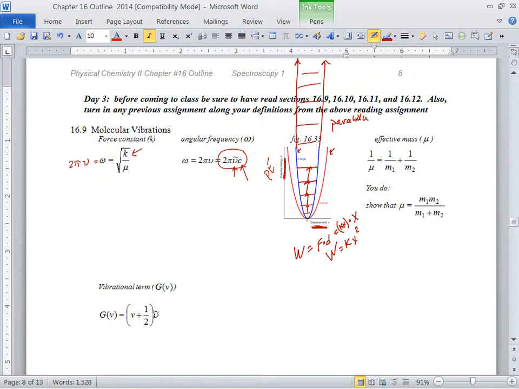I already mentioned to you this is what we're going to use for vibrations of what types of molecules, if you followed what I was talking about before, right? In our angular frequency expression for these molecular vibrations, there's a mu, and now they're saying mu is equal to this expression. Well, how many atoms are involved?